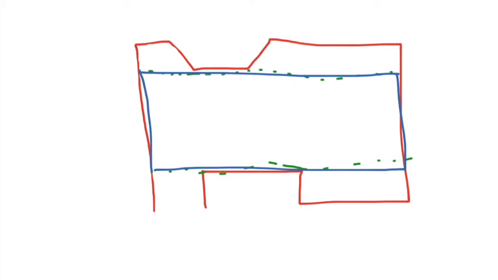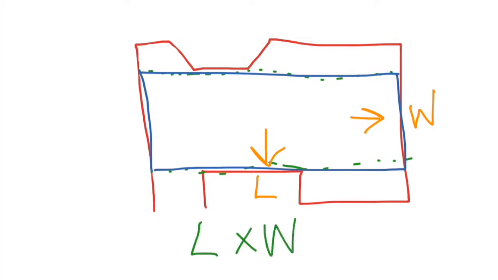Now if you remember how to find the area, the inside, how much space is on the inside of a shape, what we would basically need to do is figure out this right here, which would be our length, and we would also need to figure out this here, which would be our width. Remember, to find the area of a rectangle, you take the length times the width, and that finds you the area.